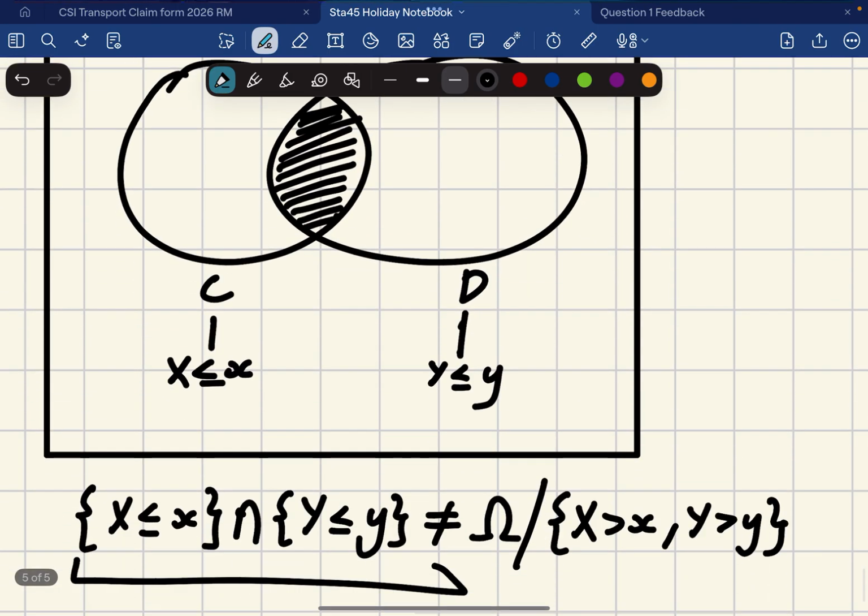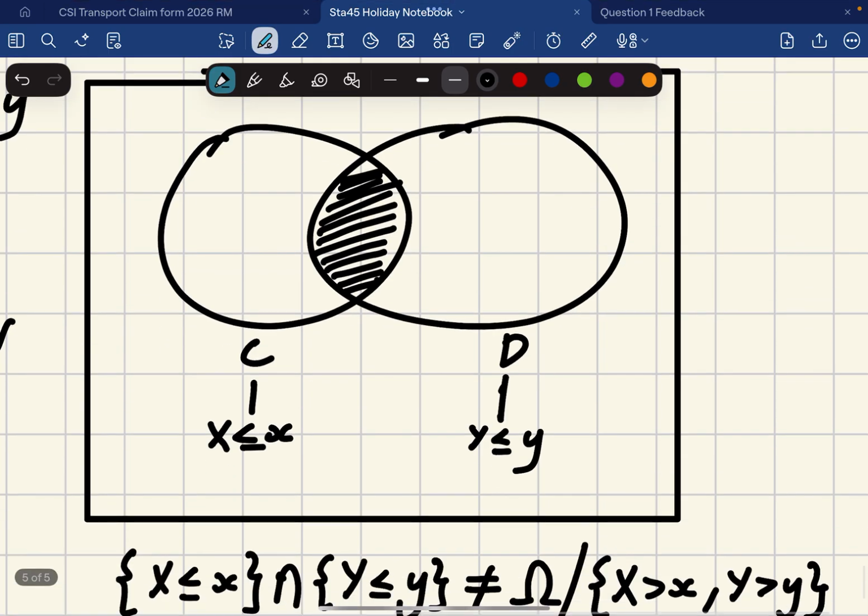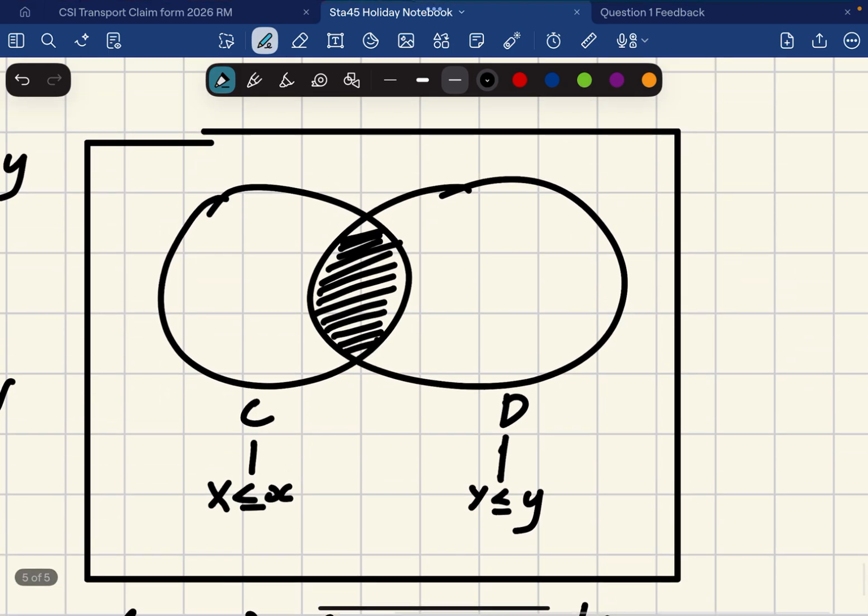So what we want is the probability of an intersection of the complement of C and D, right?